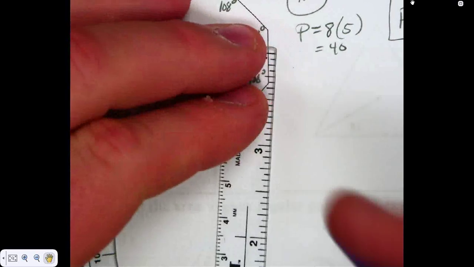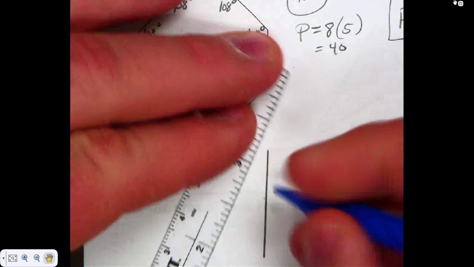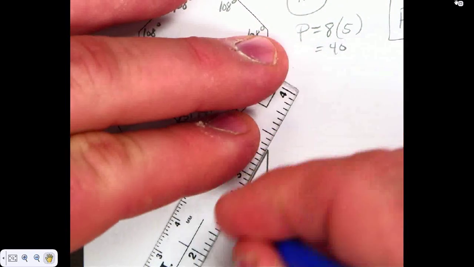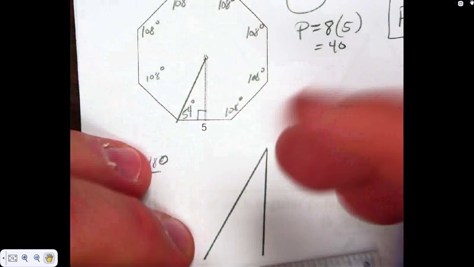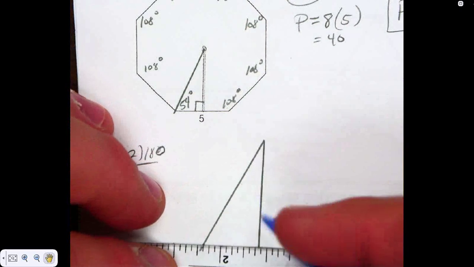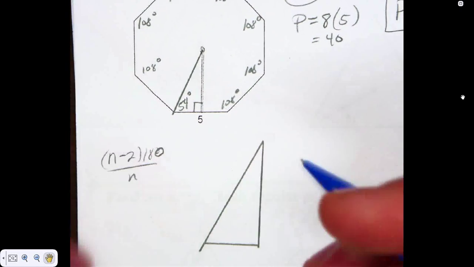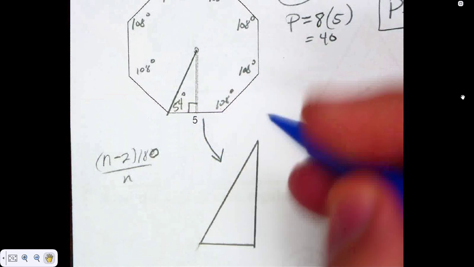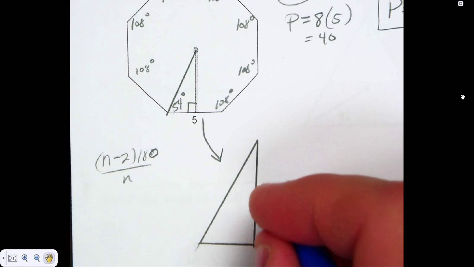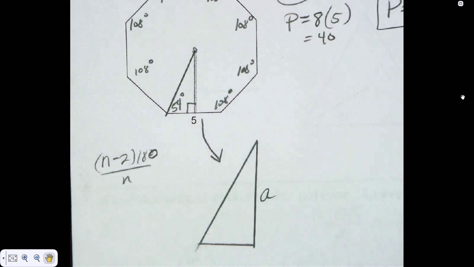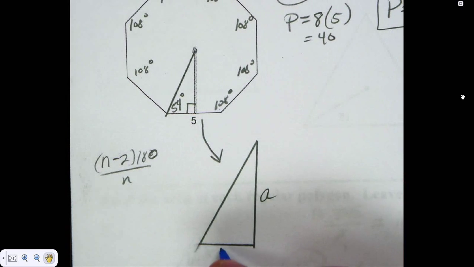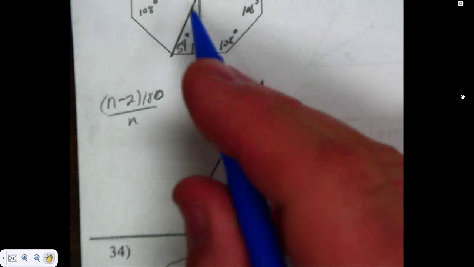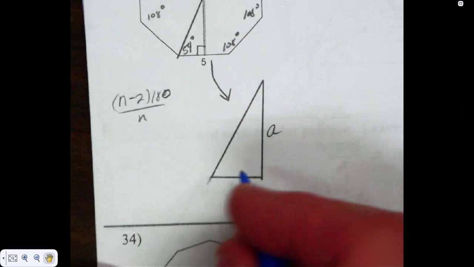Tell you what, I will go ahead and redraw this triangle. All I'm doing is redrawing the triangle that's right up there, just making it bigger. This is my apothem. This is what I need, right? What does this always do to the apothem? Cuts it in half, so this is what? 2.5.